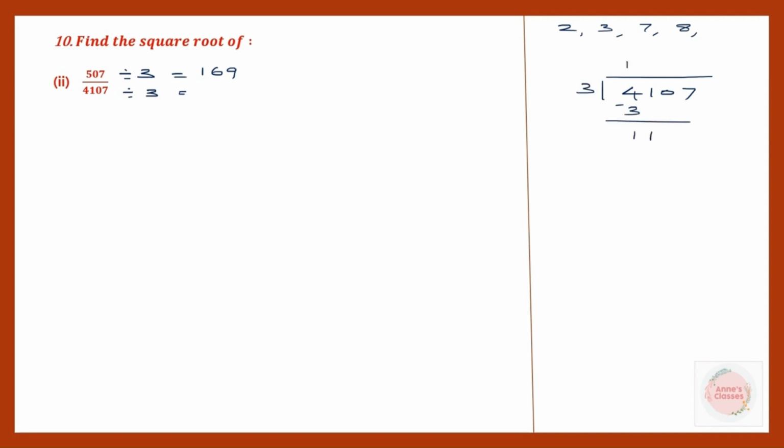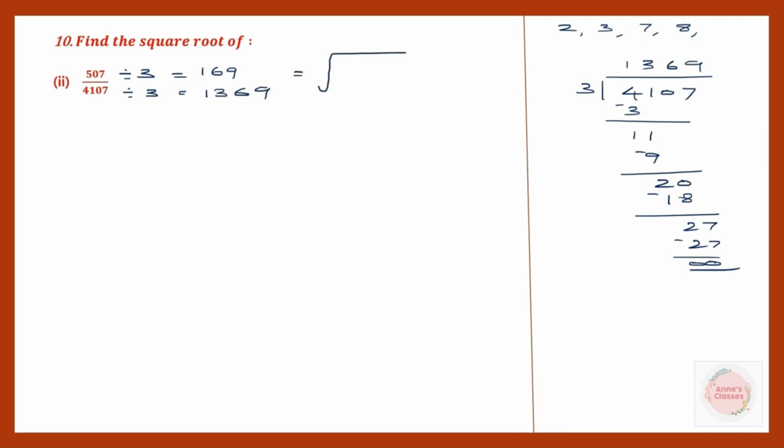You bring down 1. 3 threes are 9, minus 11, 2. 3 sixes are 18, minus 18, 0. Bring down 7. 3 nines are 27, minus, and 0. That means 4107 divided by 3 is 1369. Now we can find the square root of these two numbers, 169 by 1369.